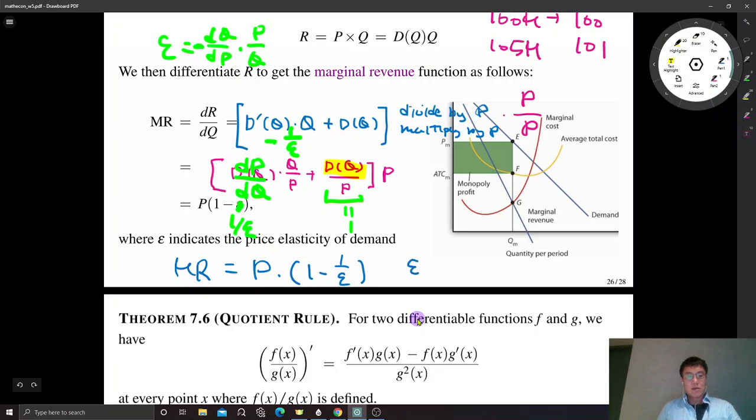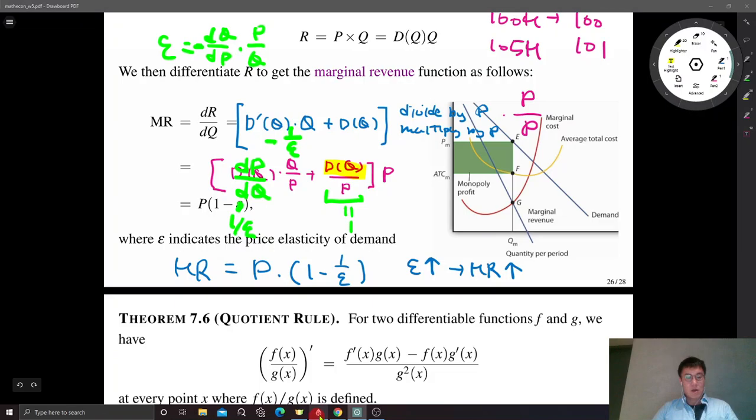If epsilon is a large number, then 1 over epsilon is going to be a very small number, so marginal revenue will get larger. When demand is quite sensitive to price change, by selling one more unit, the monopolist's additional revenue will get larger and larger.